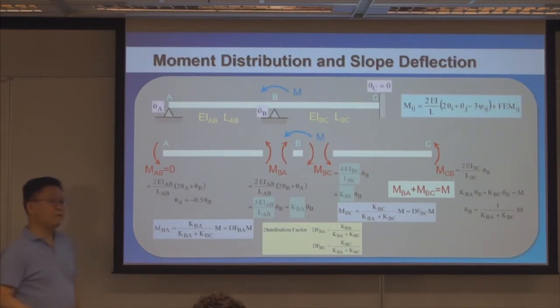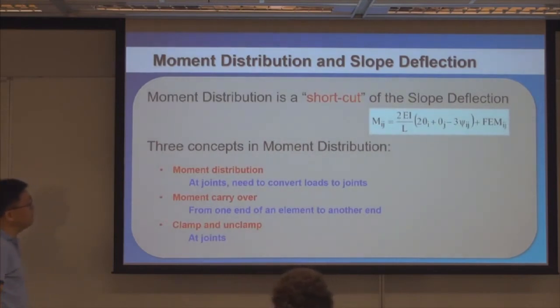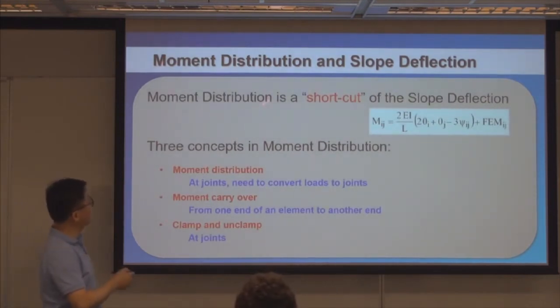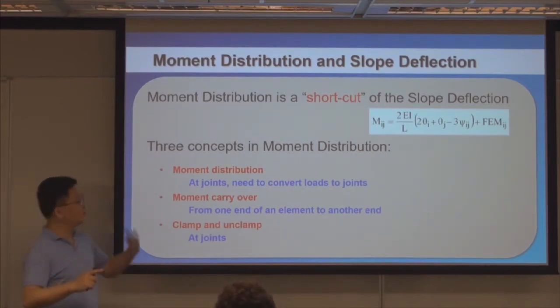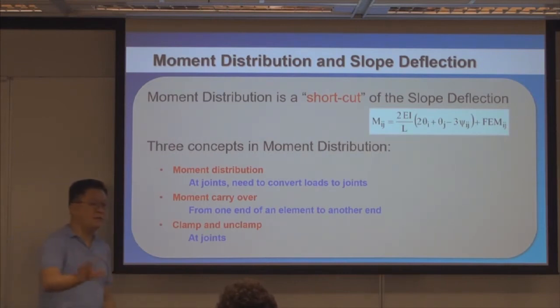So you don't need to solve simultaneous equilibrium equations if you just want to find the end moments. Okay, so that's why I say moment distribution is a shortcut of slope deflection. Basically, we're doing the same thing, except that with moment distribution, if I don't care about rotation angle, if I don't care about rigid body rotations, I can directly formulate the so-called distribution factors and then multiply by external moments and then get the end moments very quickly.